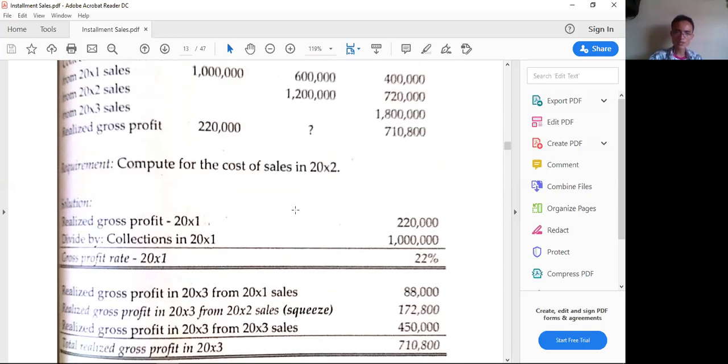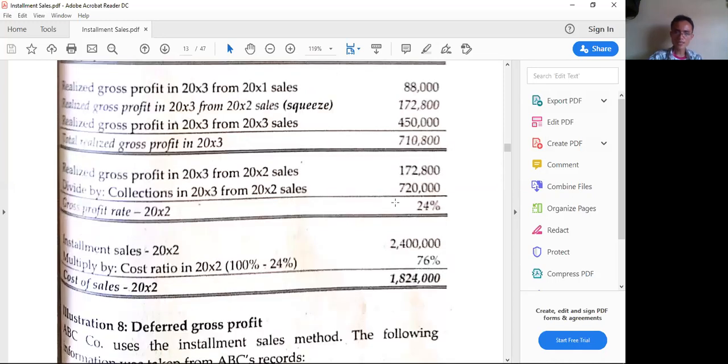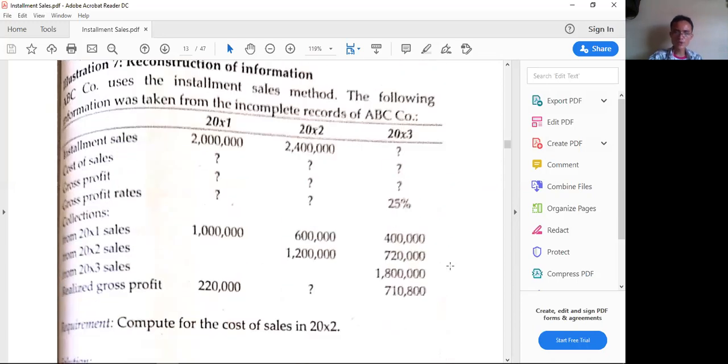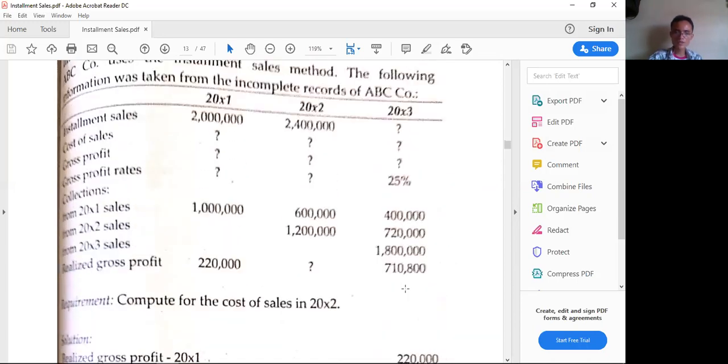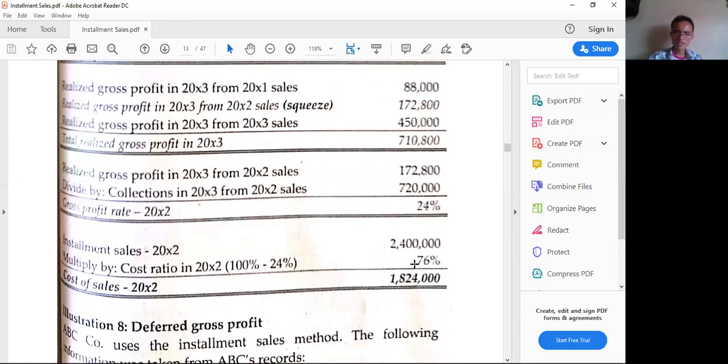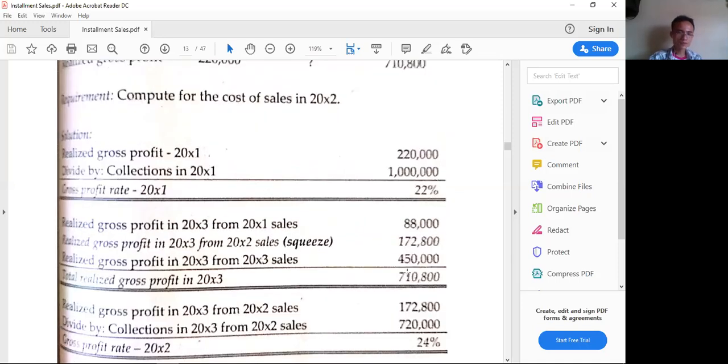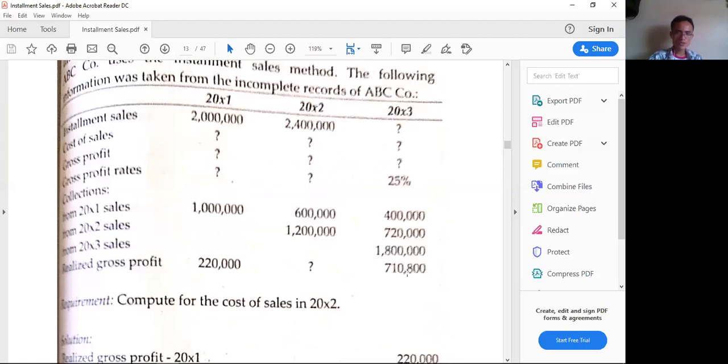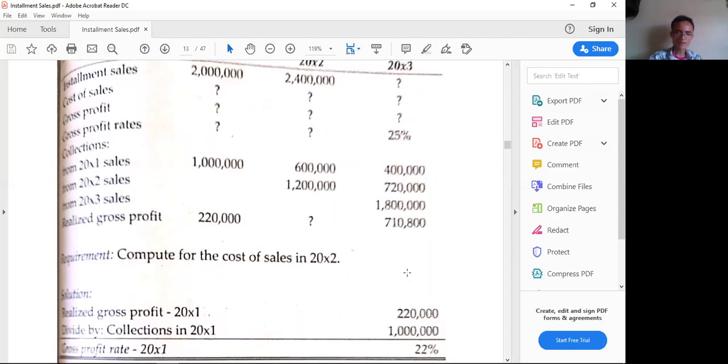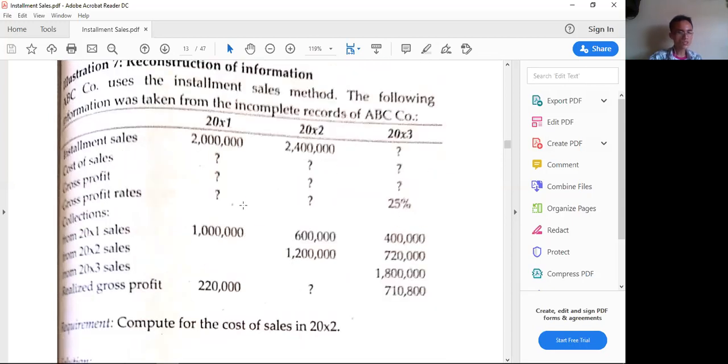And we are asked how much is cost of sales in 20x2. Being able to get 24% of GPR, knowing that installment sales is 100%, if that is the basis, minus 24, that's 76%. If we multiply 2,400,000 multiplied by 76%, that's 1,824,000. Okay. So we can also be asked even like how much would be the cost of sales also in 20x1.